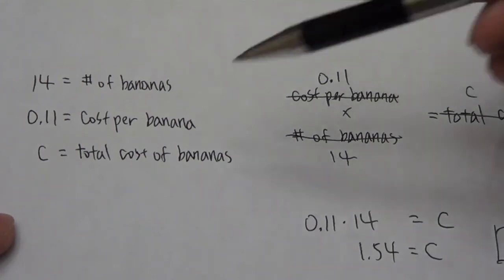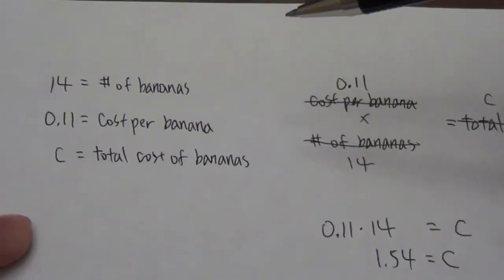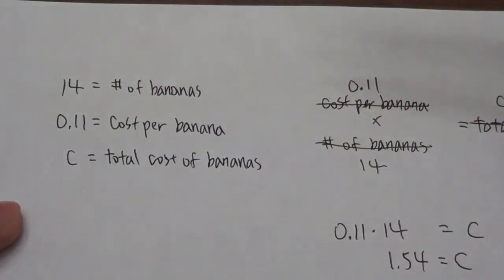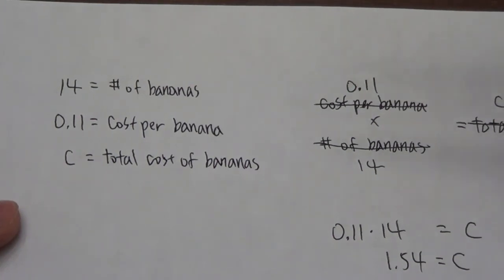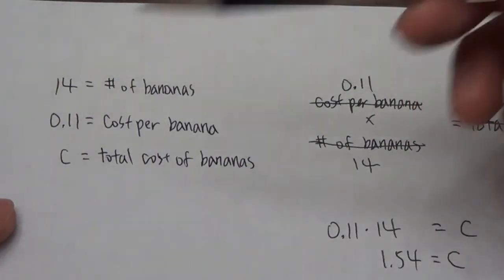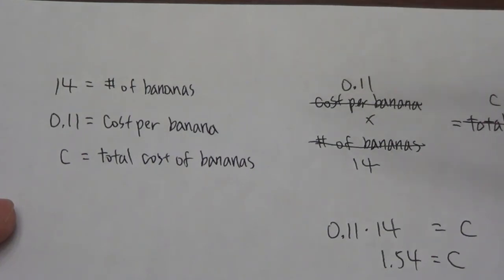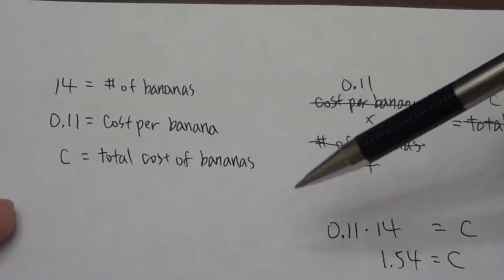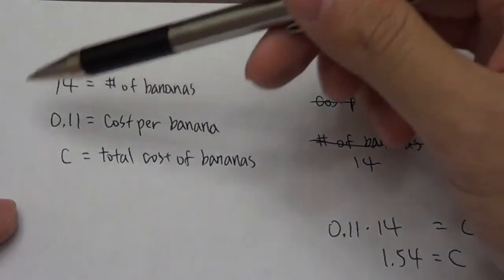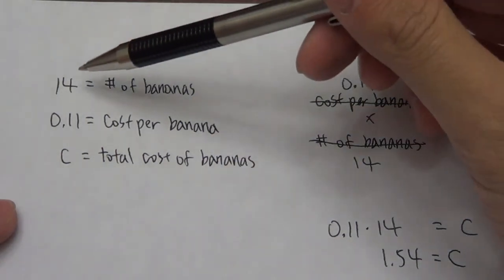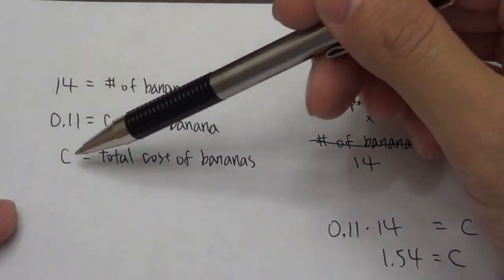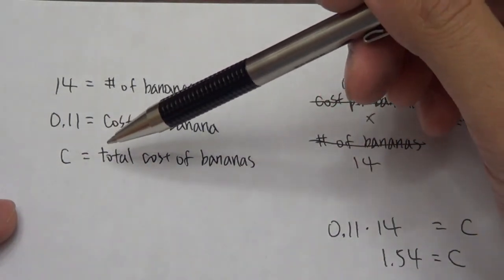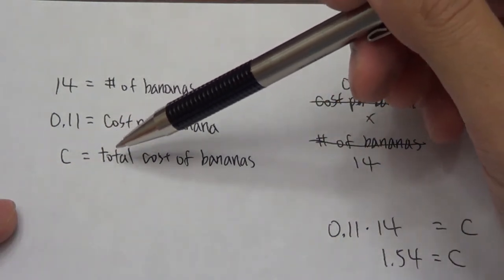And if you notice, I don't have the actual problem in front of me. I just have the most important information, which is the numbers and what the numbers represent. Another thing that wastes time is going back to the problem. They think they don't understand it or are not sure what they're asking for, and just keep rereading the problem over and over again. By doing this step right here, just isolating the important information and writing down what you're trying to find, remember, we define c with what we're trying to find.